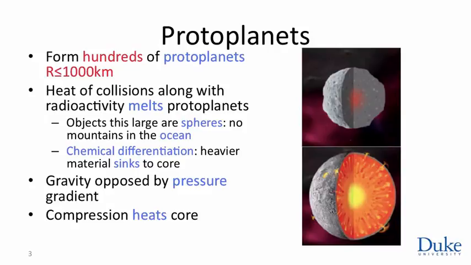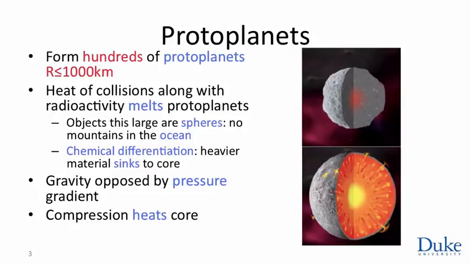This is very important. Things that melt are going to be spherical. Why are they going to be spherical? Well, because gravity flattens them out to the form of a sphere. Imagine a molten liquid Earth. Well, we have parts of the Earth that are liquid. They are the oceans. There are no mountains in the ocean because a mountain in the ocean would be leveled by gravity. When the Earth was molten, and where a protoplanet is melted and liquid, it will naturally form into a symmetric, spherical shape.